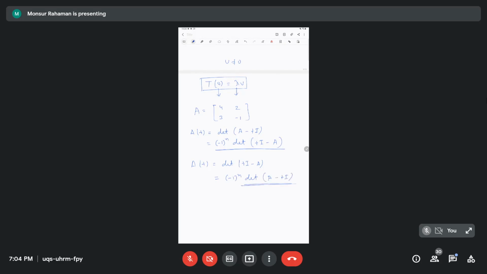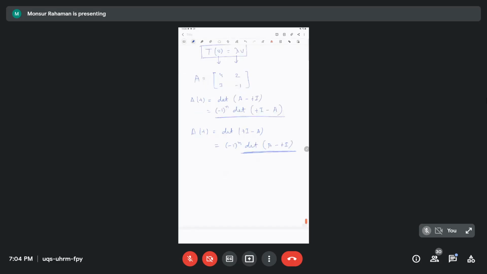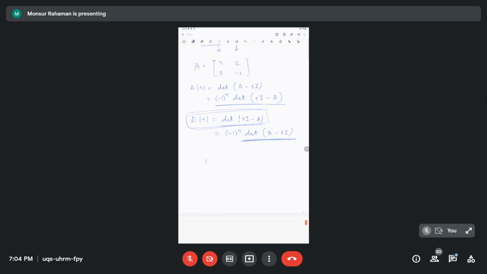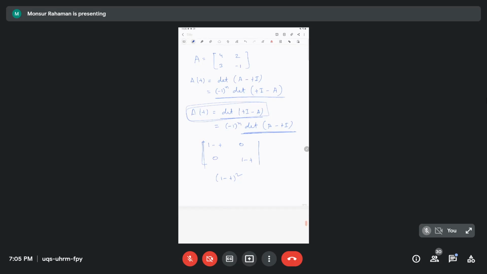Previously I was just considering this one, but the main result is this, because you want to find t for A. If you find 1 minus t, 0, 0, 1 minus t, its determinant is (1 minus t) squared, but if I take this one, then it will be (t minus 1) squared equals 0.